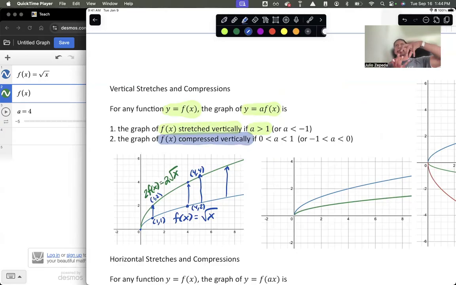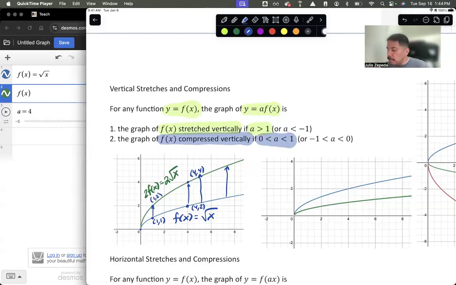Well, if you think of the vertical stretch as being multiplied by a factor of 2 or 3 or something large, to stretch it twice as large, we can also just think of it as dividing, cutting down our graph in size. So dividing it by 2 or multiplying it by a half, we want the graph to be half of its size or an eighth of its size or some fraction of its size where that fraction is less than 1. We want it to be reduced in size.